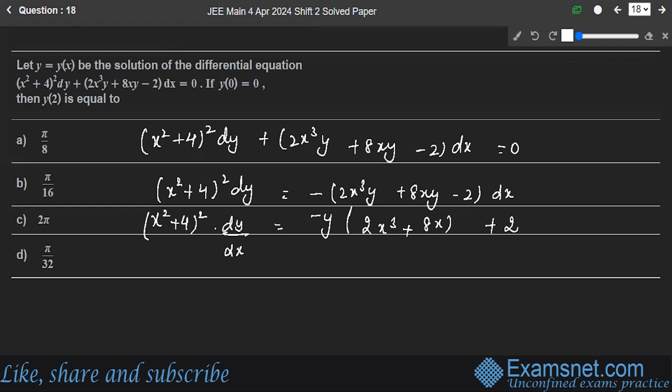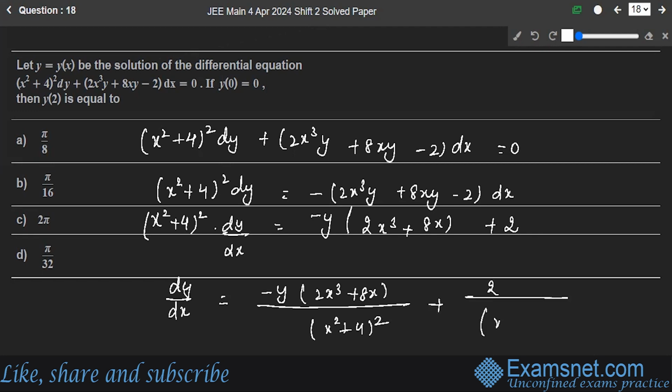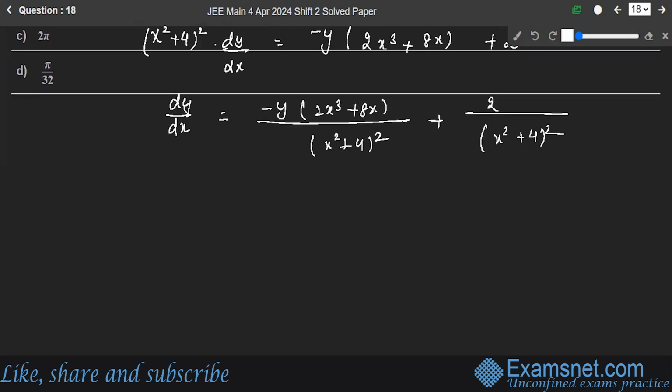So you have dy/dx is equal to minus y into this upon (x² + 4)², this 2 upon this.